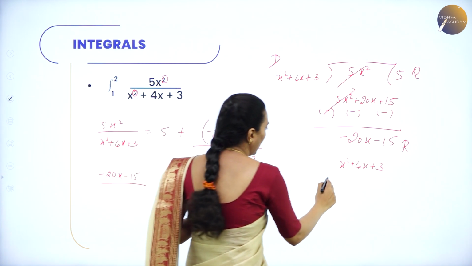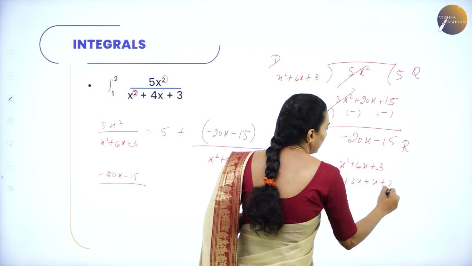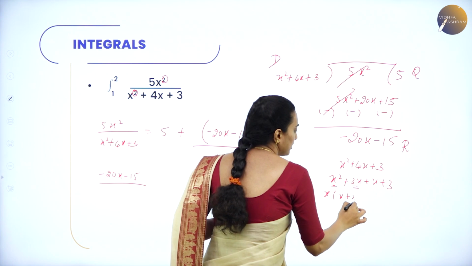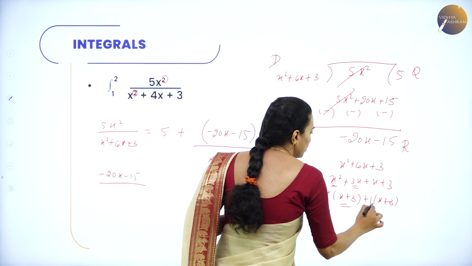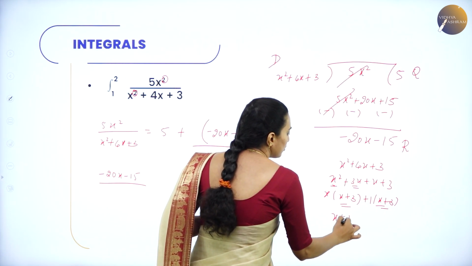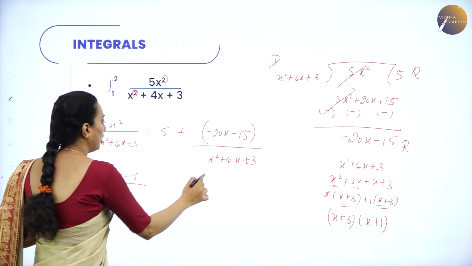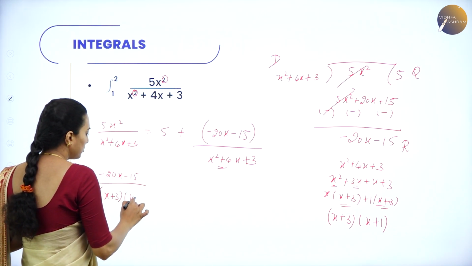So I can have x squared plus 3x plus x plus 3. Now, you can take x as a common factor from these two: x into x plus 3. 1 as a common factor: 1 into x plus 3. Now, from these two, I can take x plus 3 common. So x plus 3 into x plus 1. So I can write the denominator as x plus 3 into x plus 1.